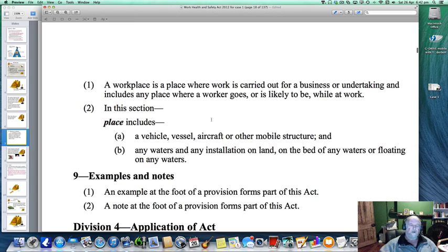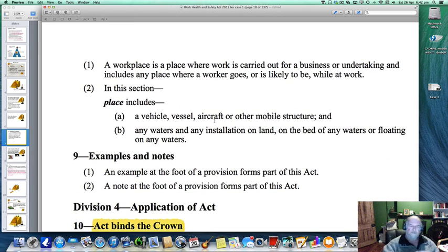Is the quarry, though, a workplace? A workplace is a place where work is carried out for a business or undertaking and includes any place where a worker goes or is likely to be while at work. Well, that's pretty straightforward. So definitely that covers a quarry, don't you reckon?